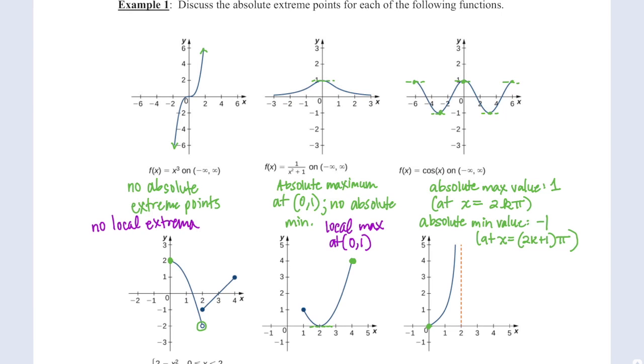And for cosine, all those absolute maximum points were also local maximum points. So I'm just going to say the absolute extrema are also local extrema.